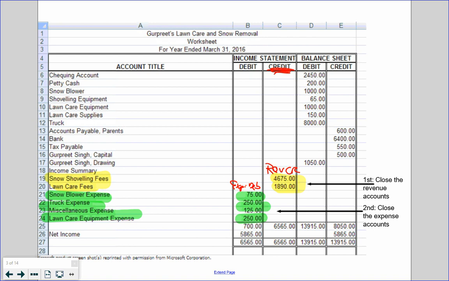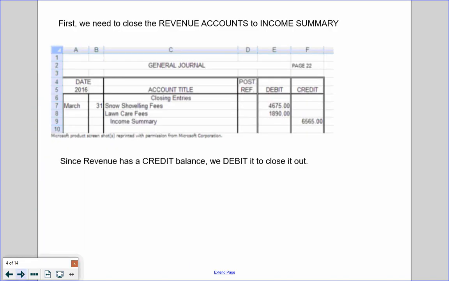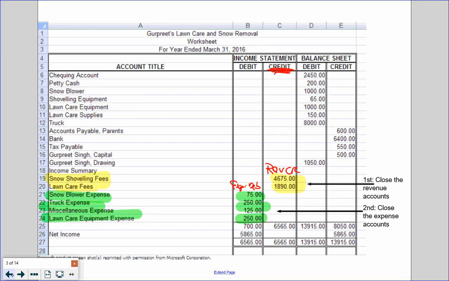Okay, so first thing we're going to do is close out the revenue accounts. Second thing we're going to do is close out the expense accounts. So to close out the revenue, this is your general journal. You can see here that right now the revenue balances are being credited.